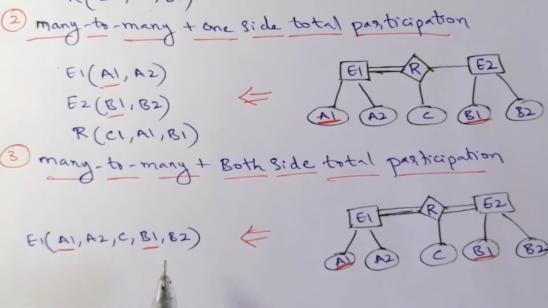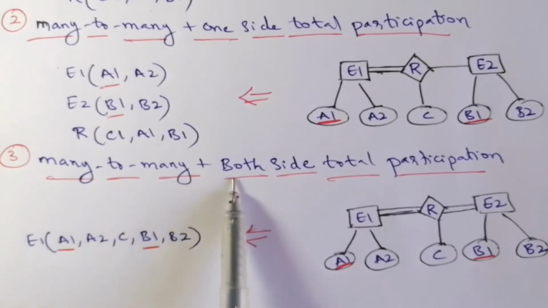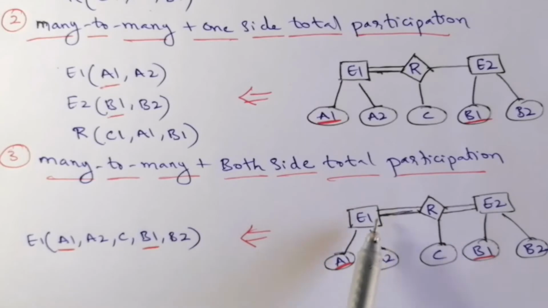When it comes to the other case, many-to-many with total participation on both sides, this will be different. Here we can combine into a single relation, but the primary key is a combination of the primary keys of both entities.